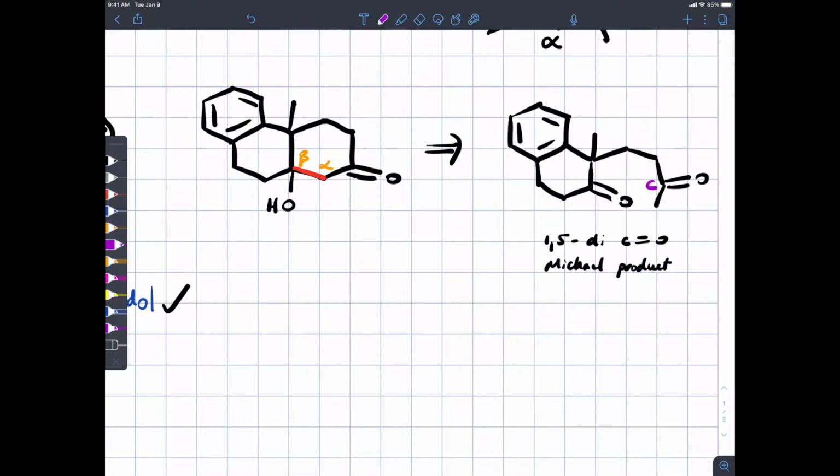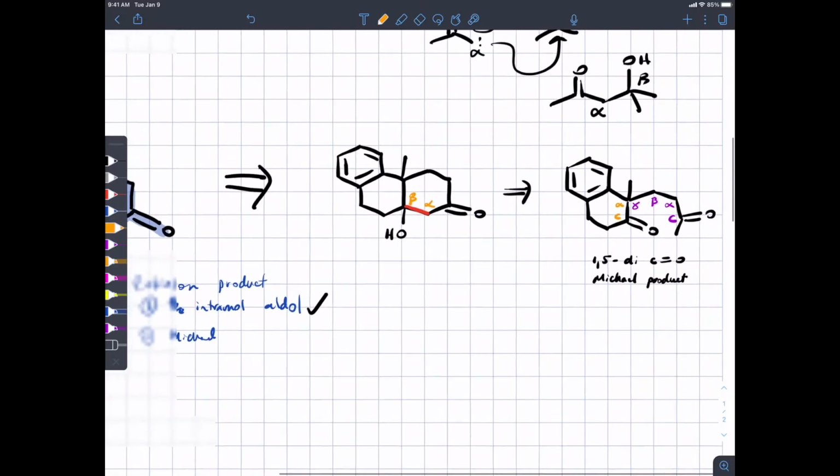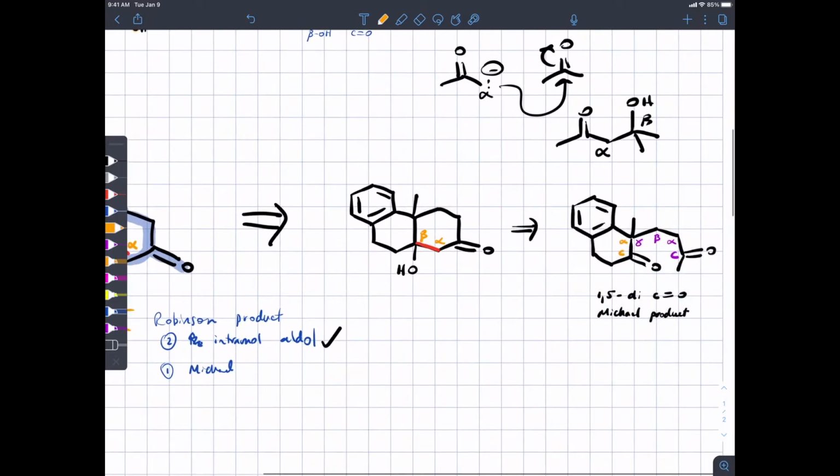I'm going to start with this carbonyl, and I'm going to go alpha, beta, gamma. And then I'll start with this one and go alpha. And we could continue on, but we won't need to. What we want to determine is which bond in this 1,5 dicarbonyl compound did we make via the Michael reaction.